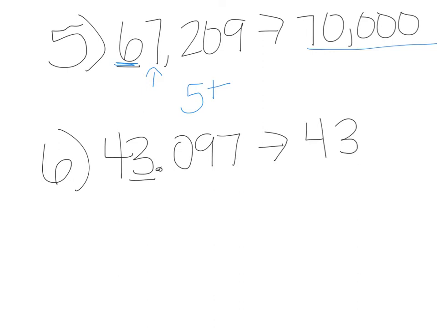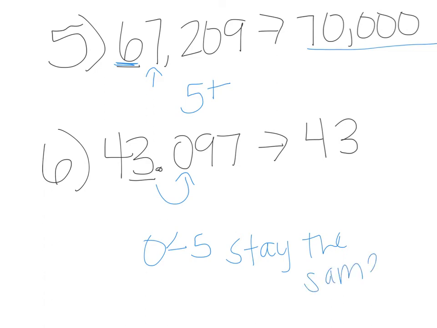Okay, I now have number 6, 43 and 97 thousandths. Okay, so I look at my 3, the number to the right of 3 is 0. Okay, well 0 is less than 5, so it's going to stay the same. So my number is just going to stay 43.